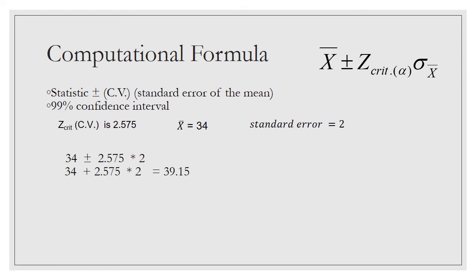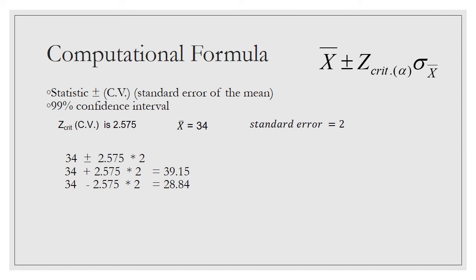2.575 times 2. So 34 plus 2.575 times 2 equals 39.15. And 34 minus 2.575 times 2 equals 28.848. We can give a rough estimate here, for those of you for whom hearing the decimal places isn't helpful. You can think about it as rounding that 2.5 just to help us understand.